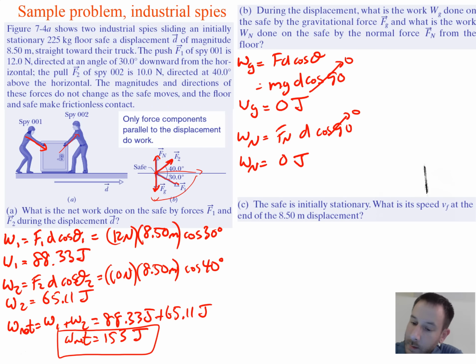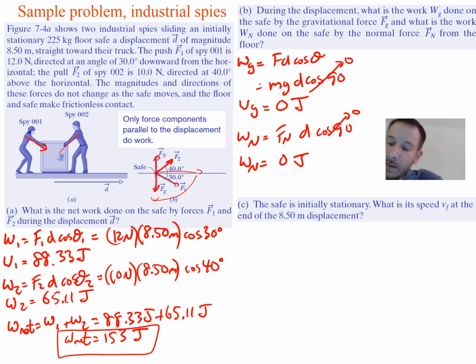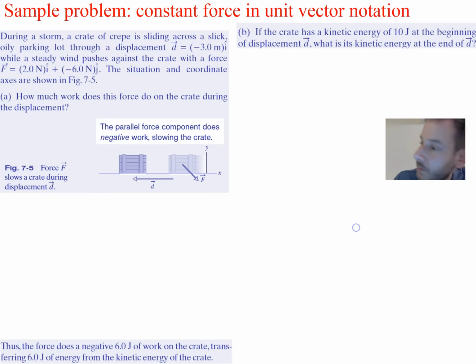Okay, so the last part: the safe is initially stationary. What is the speed, Vf, at the end of the 8.5 meter displacement? All right, so we can use the work-energy theorem, which is work is equal to the change in kinetic energy. And the change in kinetic energy is our final minus our initial.